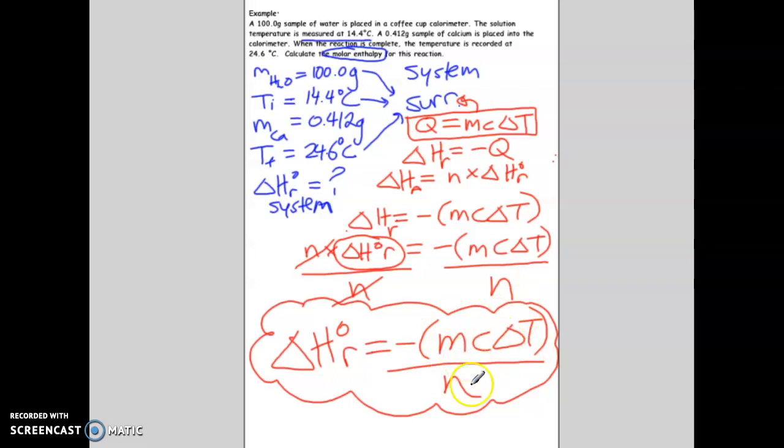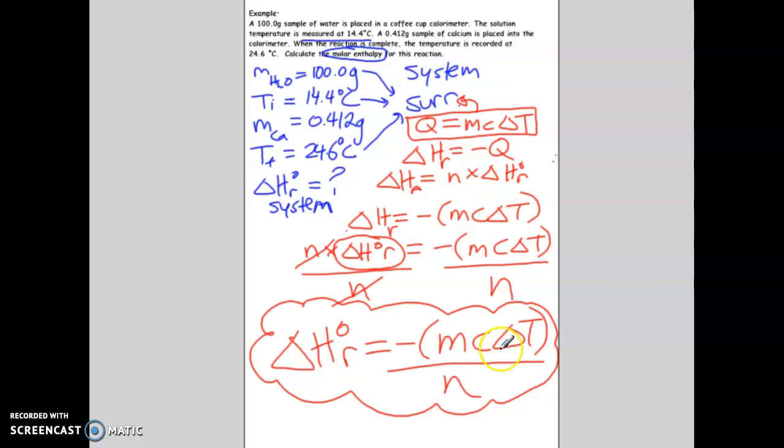Now keep in mind, you may not need this formula every single time. Maybe you're just trying to solve for enthalpy change. Maybe you're just trying to solve for the number of moles and you have other information here. This is just combining the three different ideas that we've learned throughout these first two sections into one general equation.